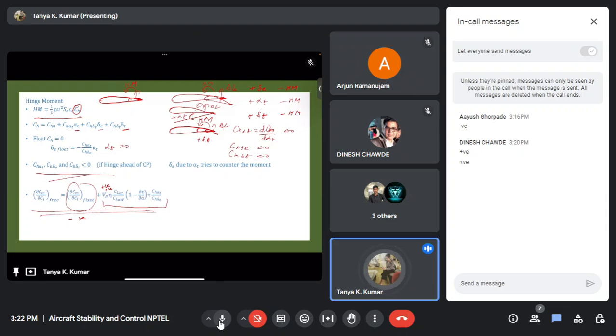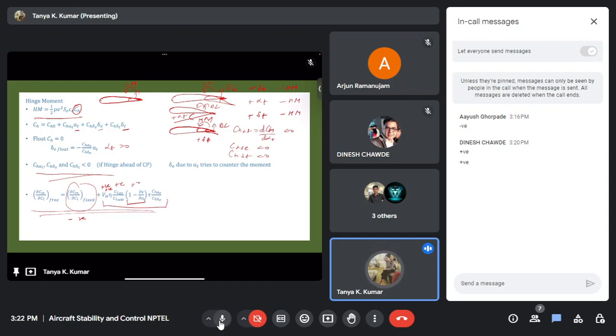The lift curve slopes are both positive, right? So this is also positive. What about this term, 1 minus dou epsilon by dou alpha? Epsilon is the downwash, the slope of the downwash. So the slope is always less than 1. So this entire term will be positive.